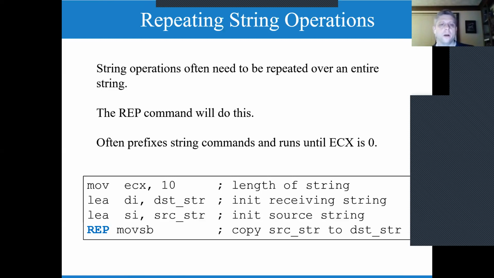We move the destination string into EDI. We're moving the source string into ESI, and then we're calling rep movsb. In other words, we're going to be moving bytes, and it's going to keep doing that and subtracting 1 from ECX each time until ECX is 0. So it's really just a fast way to do a loop.